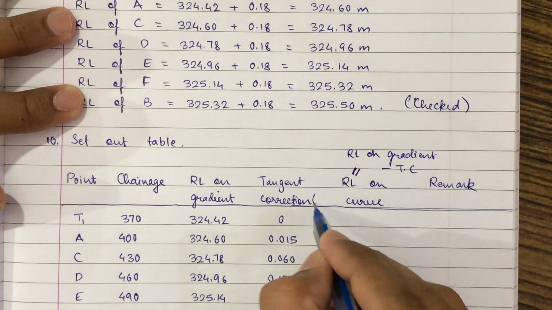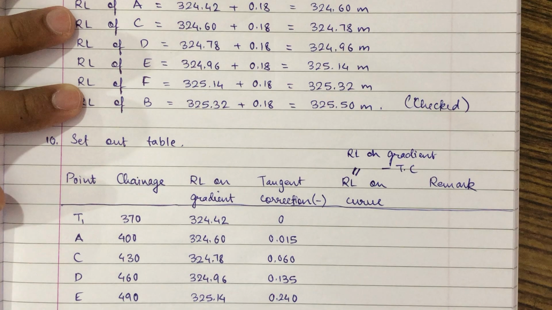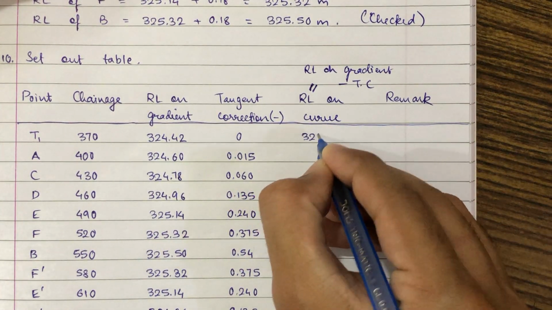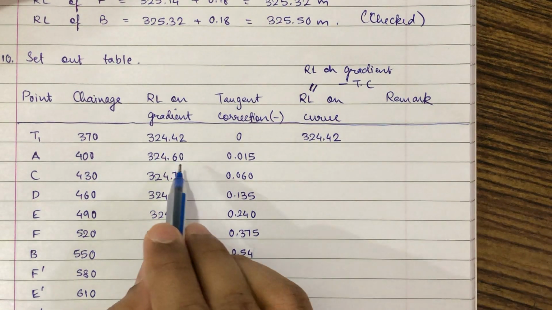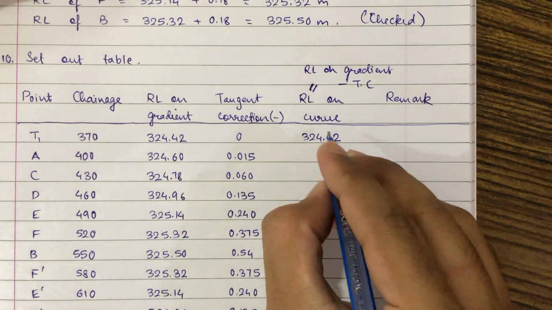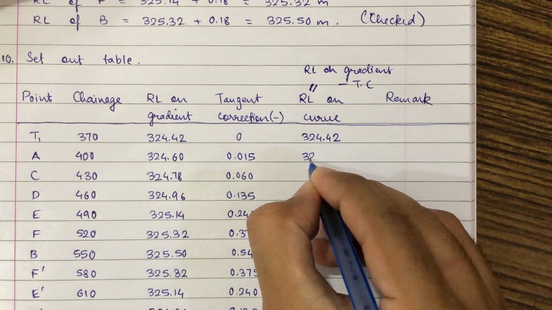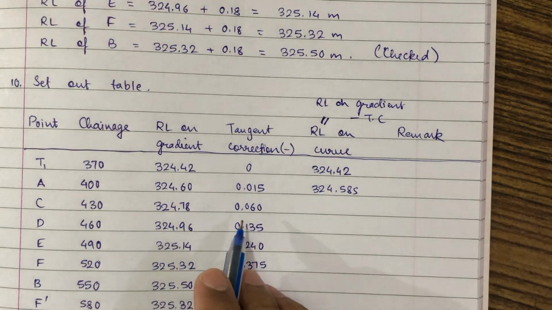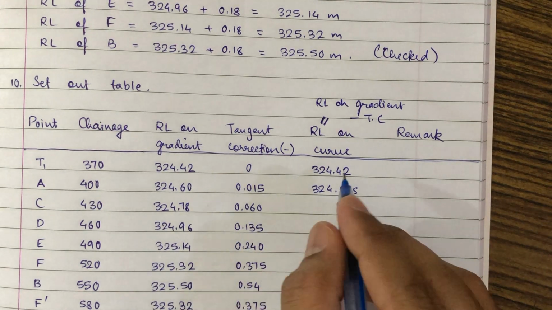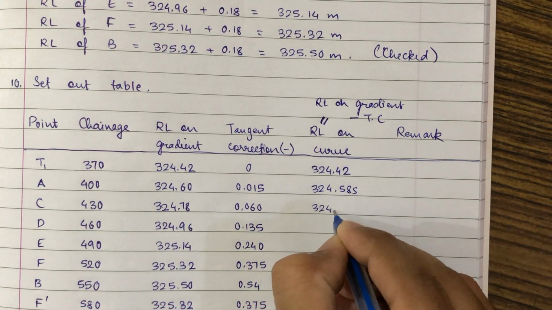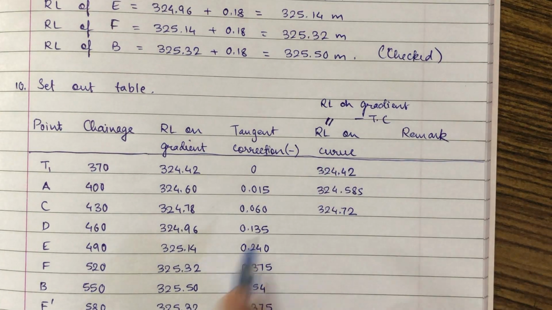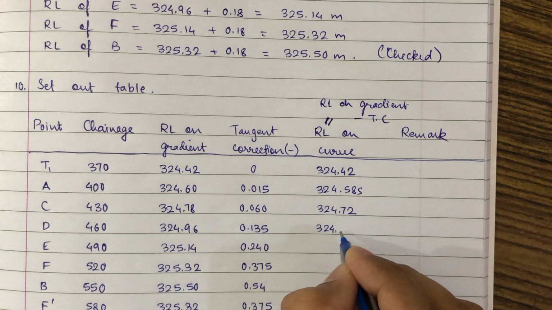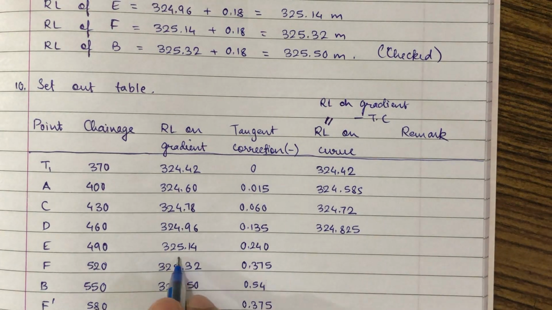Subtracting, we get the value as 324.42. Then 324.585. Then 324.72. Subtracting this, 324.825.